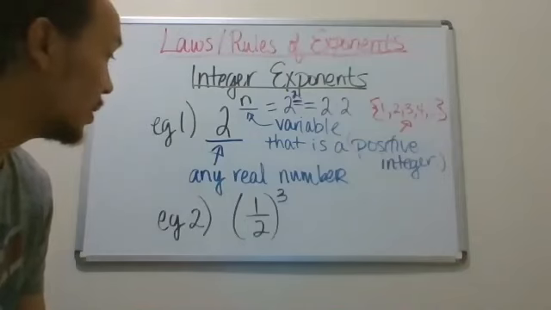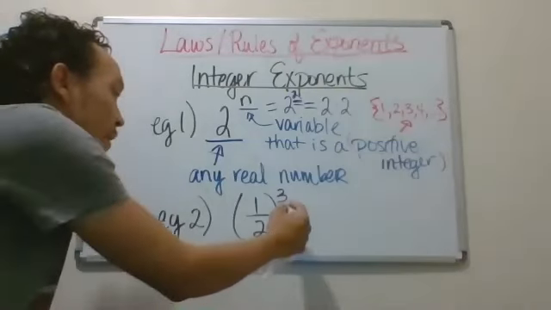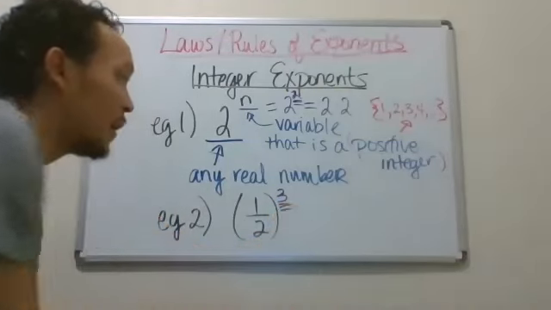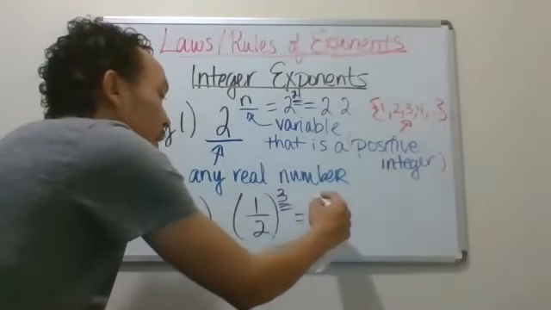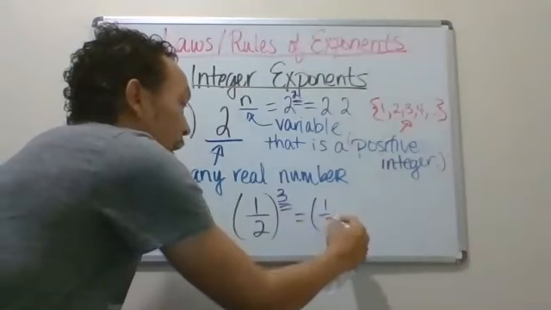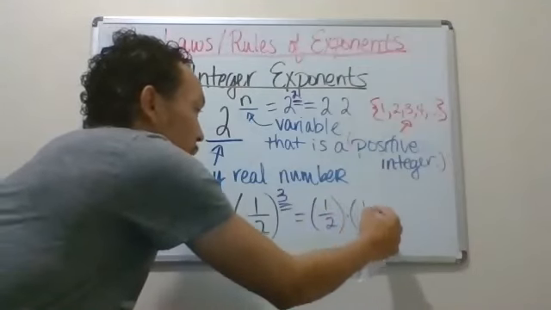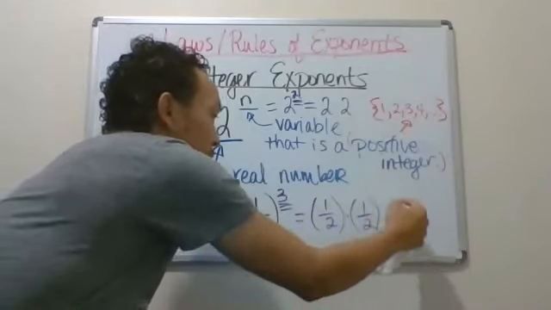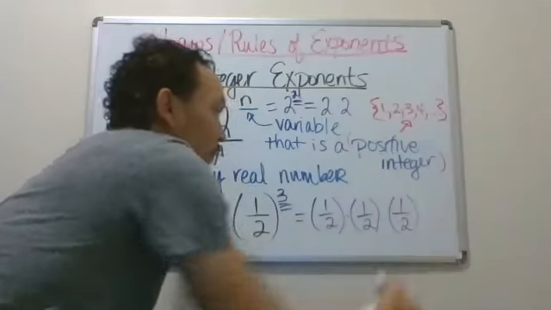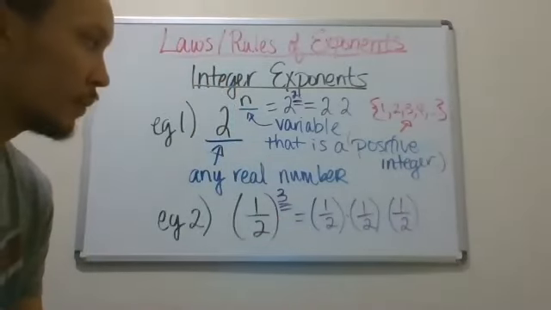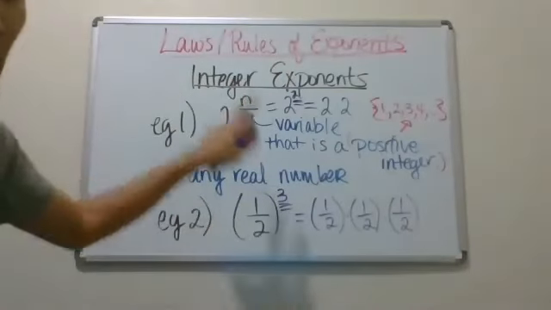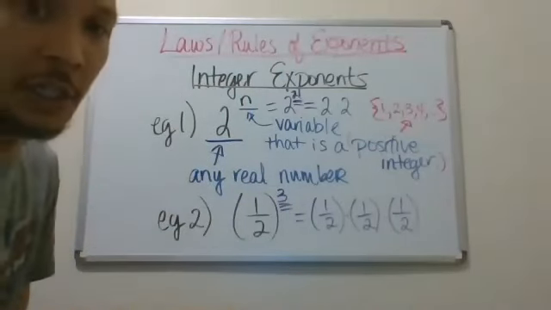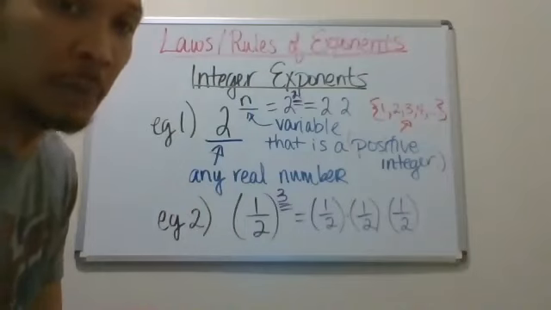We also look at 1/2 and say we're going to multiply that 1/2 by itself 3 times. So this is going to give me 1/2 times 1/2 times 1/2. So this is the notation and the functionality of what an integer exponent does, okay?